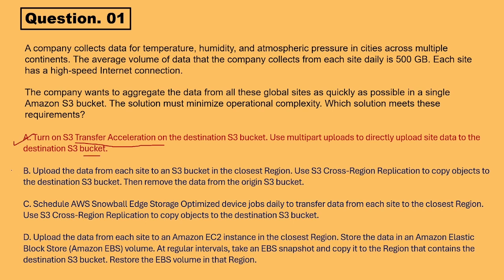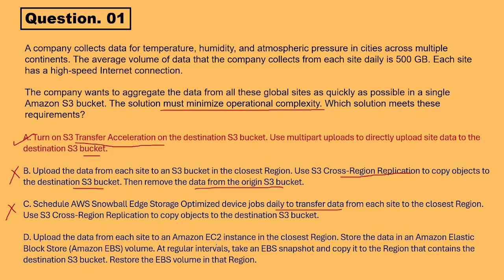And option B is not correct because it uploads data from each site to an S3 bucket in the closest region, then uses cross-region replication to copy objects to the destination S3 bucket, then removes data from the origin S3 bucket. It is not minimizing the operational complexity that is the requirement of the question. And then scheduling Snowball Edge on a daily basis from each site is not an ideal approach that you should follow.